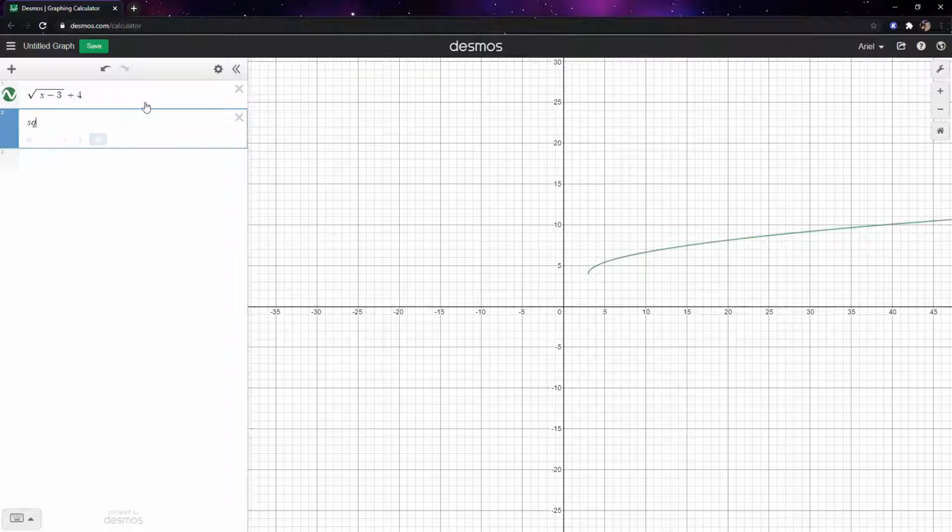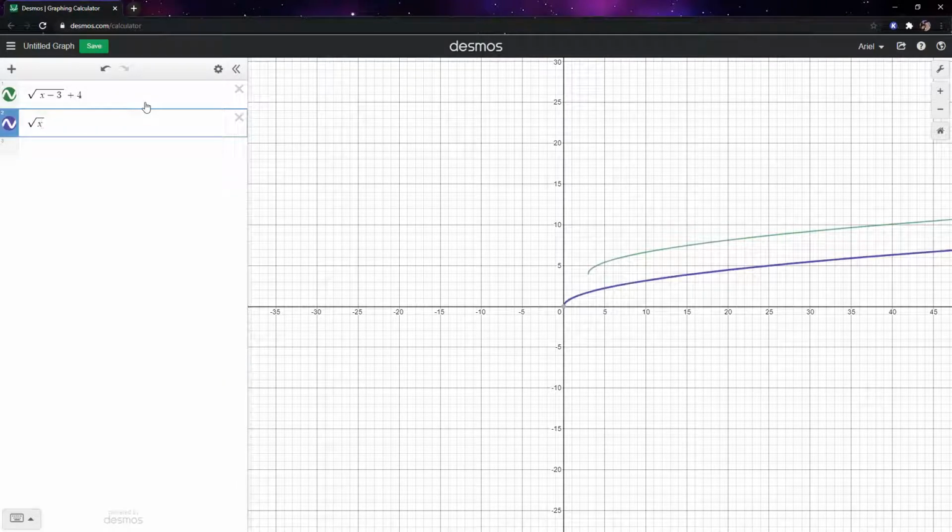My square root of x starts at the origin and it goes up forever, so I will do this one in red. So this is my parent function. And then the one that is transforming, the starting point should go up 4, and then right 3. So 1, 2, 3, 4, 1, 2, 3. And then it should kind of look just like the one before.